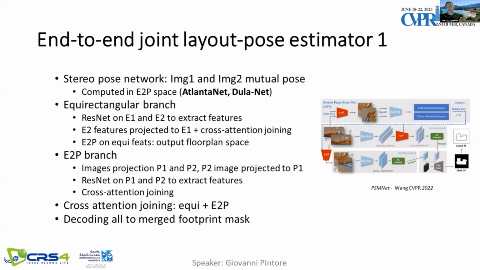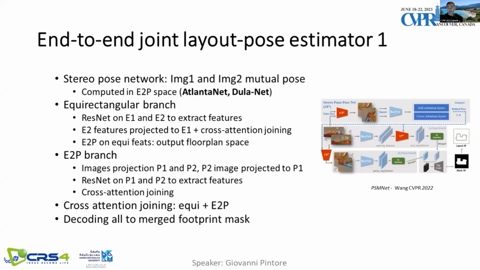The features are extracted by a ResNet from both input images, then features from image 2, here in the example, are projected in image 1 using the mutual pose. Features are then joined through a cross-attention module and transformed in the projected floor plan space.